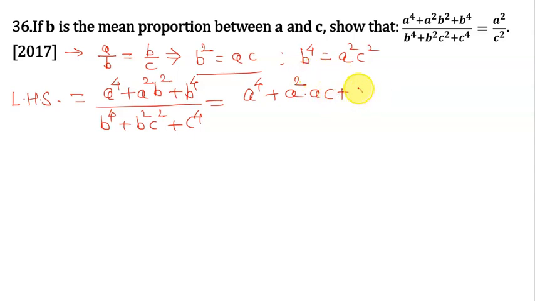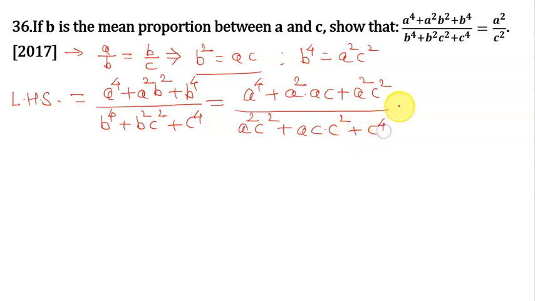B raised to 4 is A square C square, and this is divided by B raised to 4 again, which is A square C square. Again B square is AC into C square, plus C raised to 4. That equals A raised to 4 plus A cube C, plus A square C square.